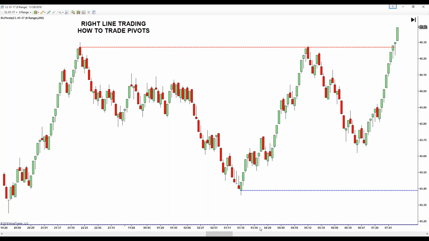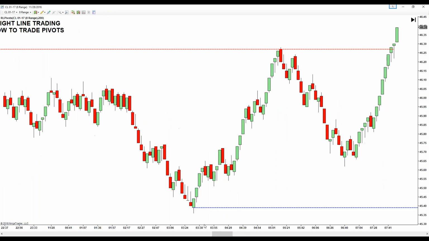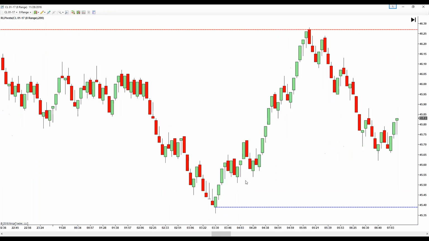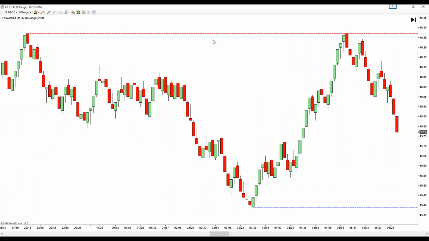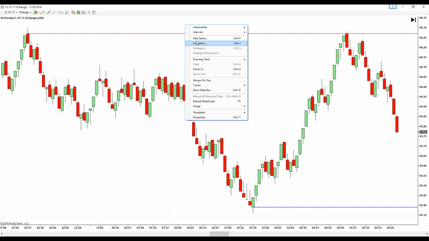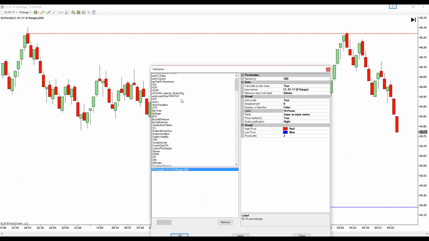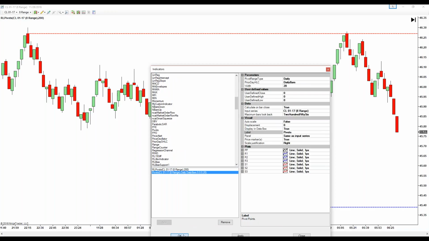First of all, pivot indicators work a little bit differently. And at Right Line, we really do have a unique pivot indicator. And I want to show you the pivot indicator that comes with the NinjaTrader platform.